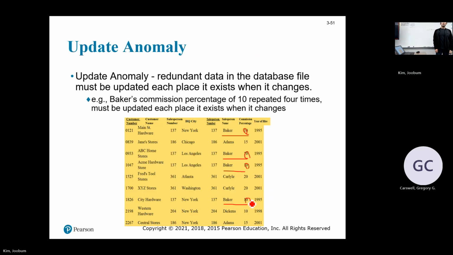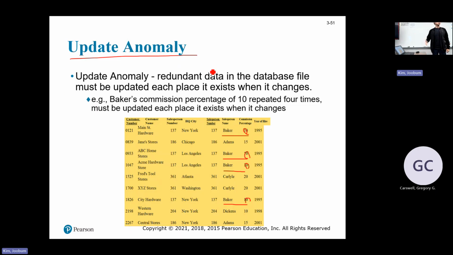In this case, there's no problem. But assume there are maybe 1,000 rows. We have to update 1,000. If we miss once or twice, so 989 or 999 updated, then depending on which row is referred to, sometimes 10, sometimes 20. So there is a mismatch. This is an update anomaly.